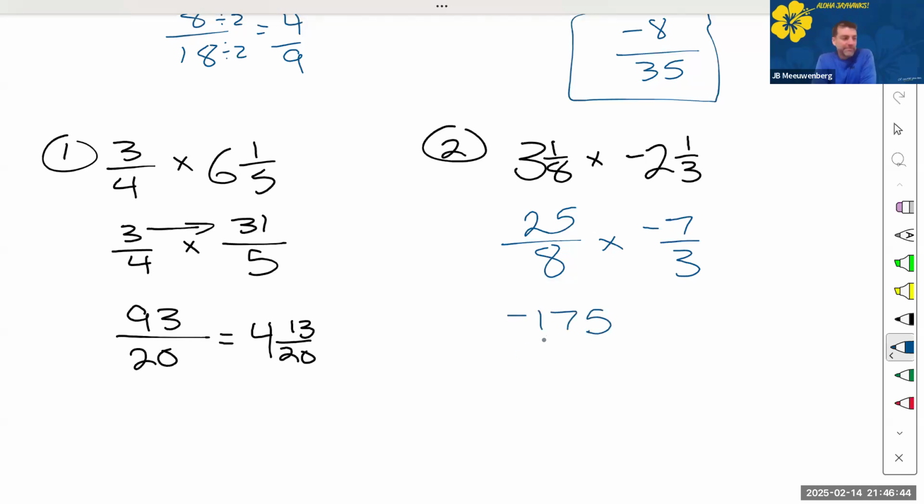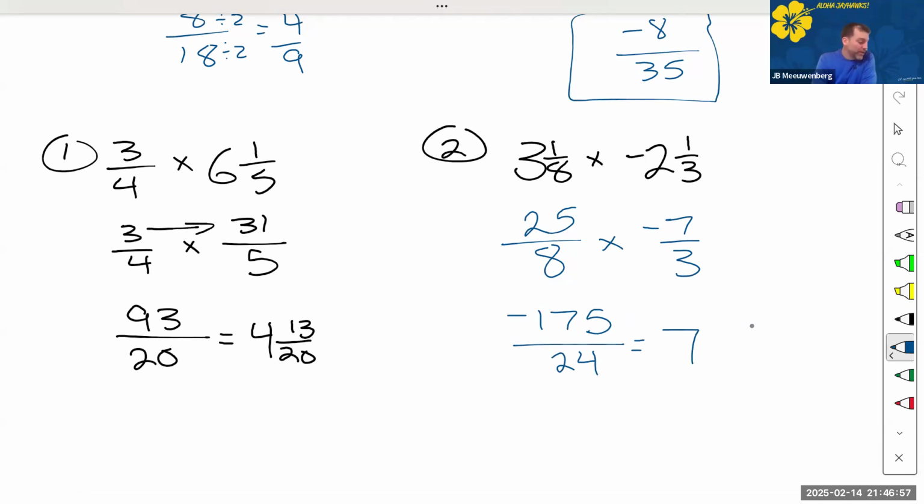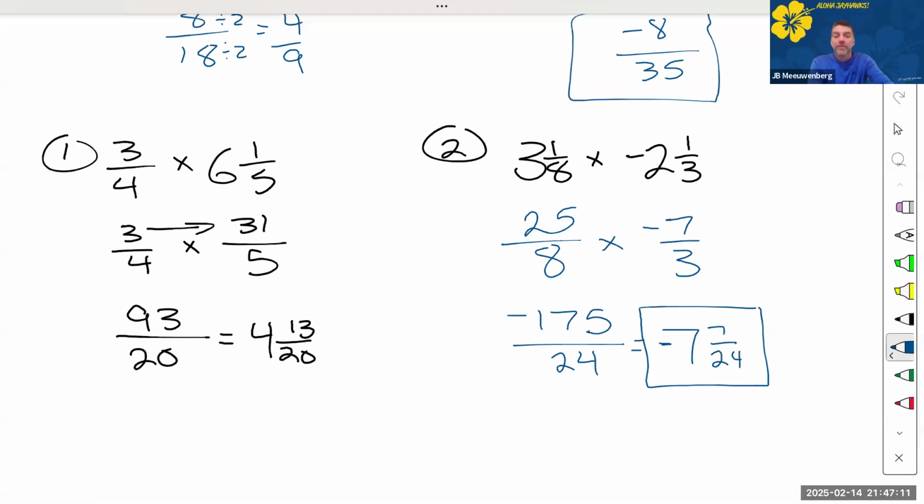It's going to be negative, and 8 times 3 is 24. And if we do some division there, 24 goes into 175 7 whole times with 7 left over, 7/24, and that is going to be negative as well. That might require a little long division, or there might be some methods you can use to do that in your head. So now let's move into talking about division.